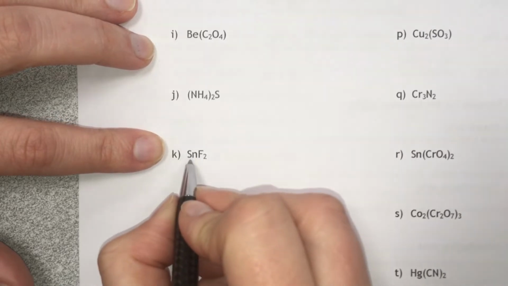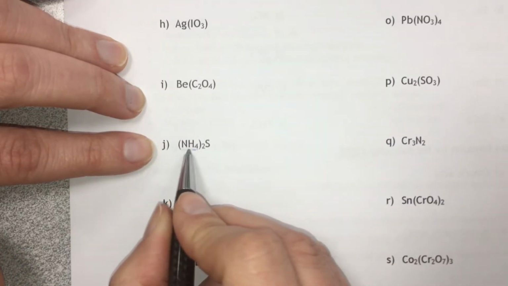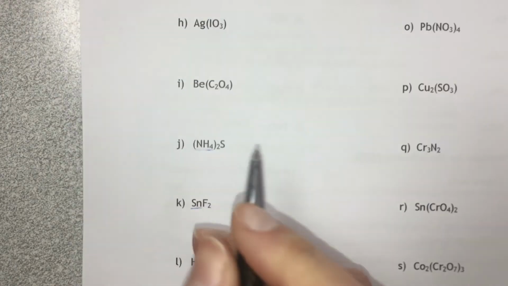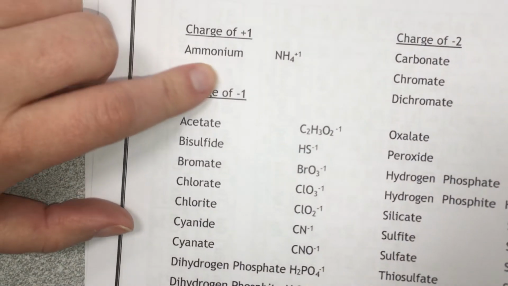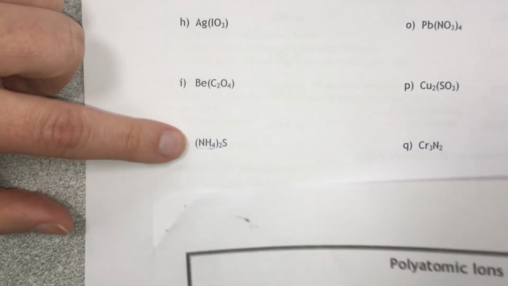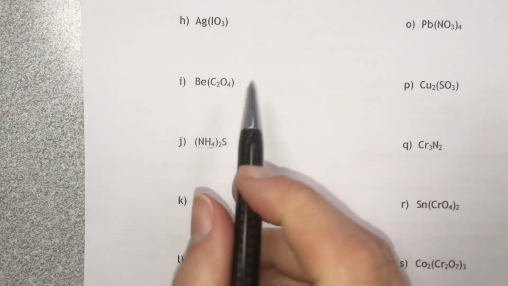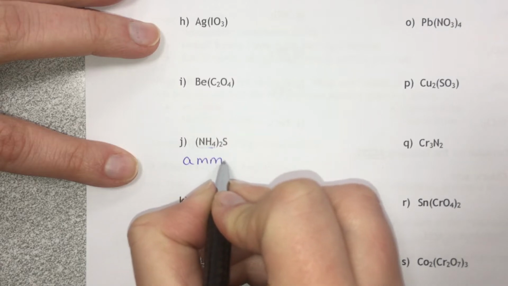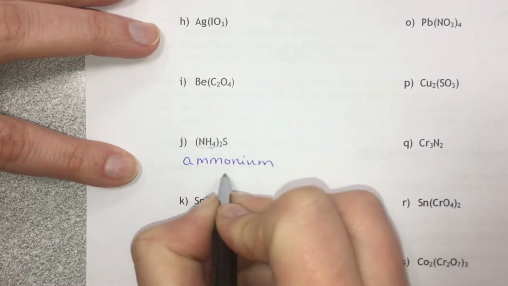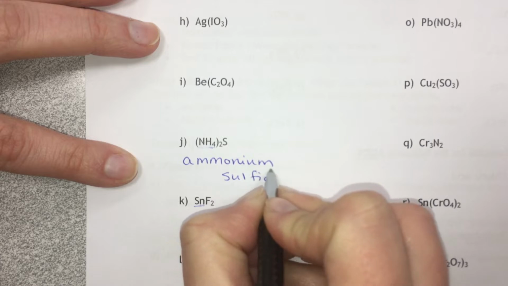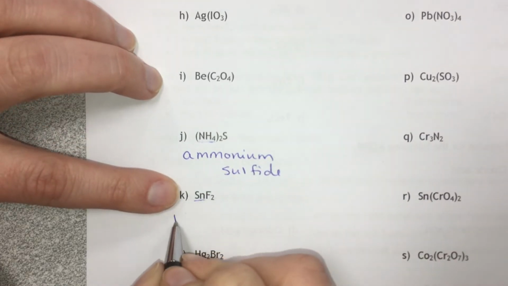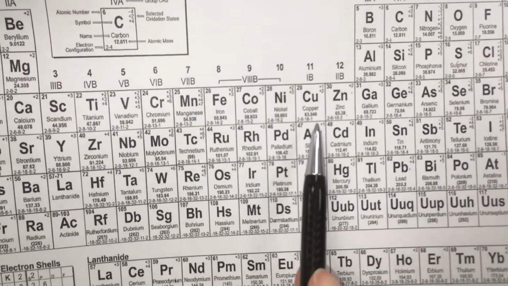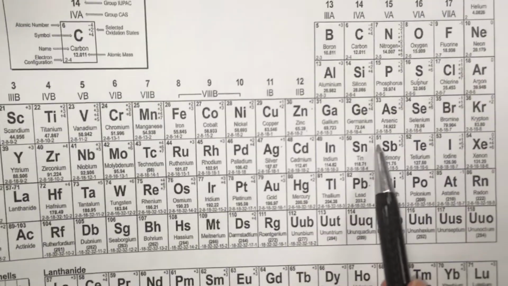Here's one that is a transition metal. And remember, this is the only cation that is a polyatomic ion, ammonium, okay? So NH4, so it would be ammonium sulfide. I'll go ahead and write that one since it's unique. Okay, this one is tin, but if you'll notice on the periodic table, tin has multiple charges.